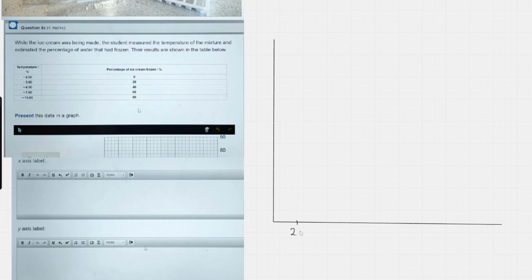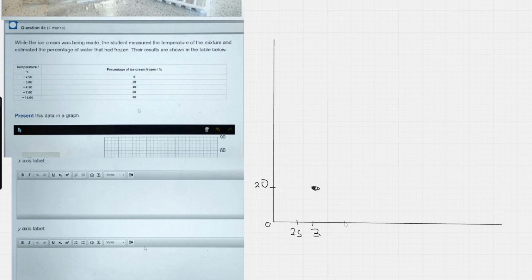This would be 2.5, and this should be 0% of the ice cream. This would be 20% of the ice cream that's frozen.